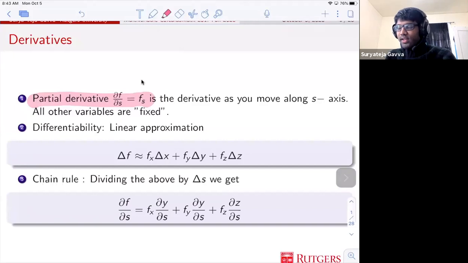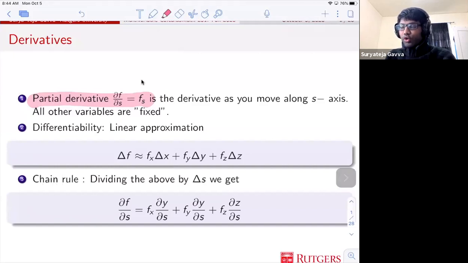So what does it mean geometrically? If you take the partial derivative with respect to x, fx is nothing but the rate of change of this function as you move along the x-axis. Similarly, fy is the rate of change of f as you move along the y-axis, and so on.